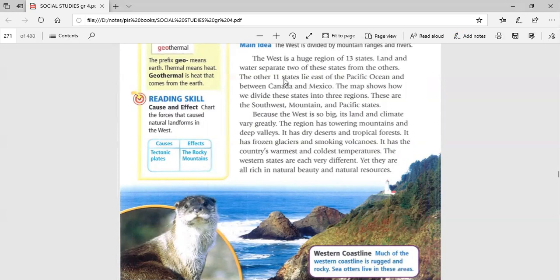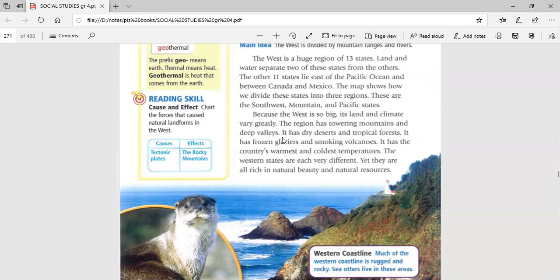I introduced to you the 11 states located in the West, which are the Pacific states, the mountain states, and the southwest states. These are 11 states. And also we can add to them Alaska and Hawaii. We could find also, about the physical features, mountains, rivers, lake. We could find the Pacific states also, or the Pacific Ocean.